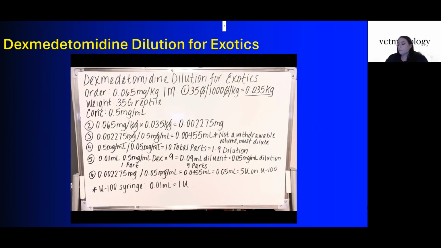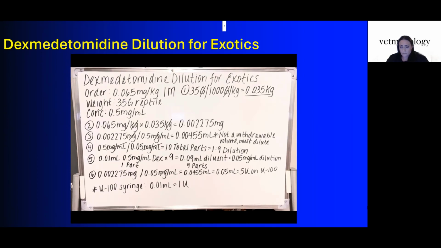So a good jumping off point is to go ahead and start with 1/10 of the original concentration. So that's where we get 0.05 from. So first we take 0.5 mg per mil, divide by 0.05 mg per mil. Mg per mil cancels out, and we get 10 total parts, which is a 1:9 dilution. So another good jumping off point is to start with either 0.01 mils, 0.1 mils, or 1 mil of neat full strength drug.